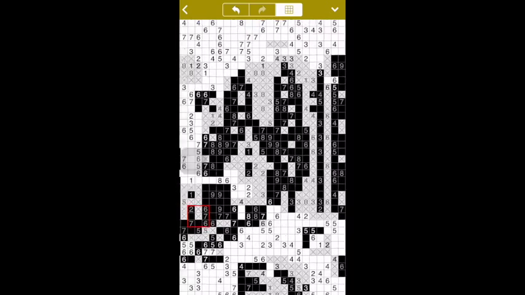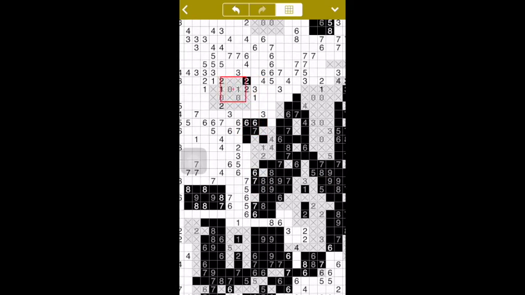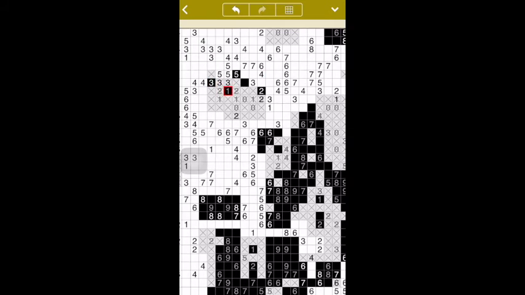Anyway, I think I'm done in this area, so let's just go all the way up here. Okay, 3 and 3, side by side. 1 gray, 1 black, 2 gray spaces, so that has to be black. I need 2 gray spaces here too, right? Looking at the 3, I could have only 1 more black space here.